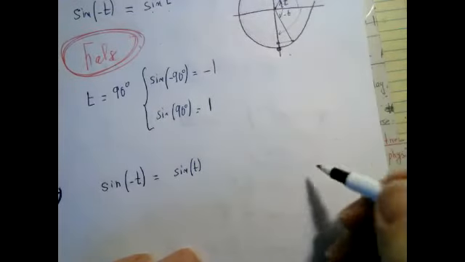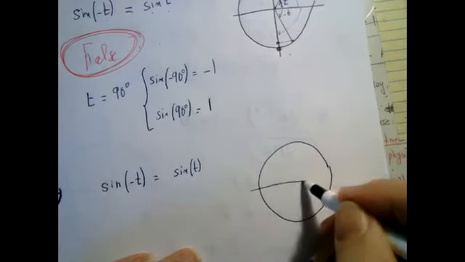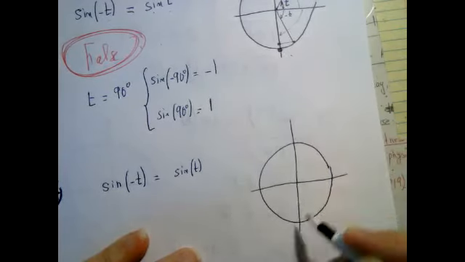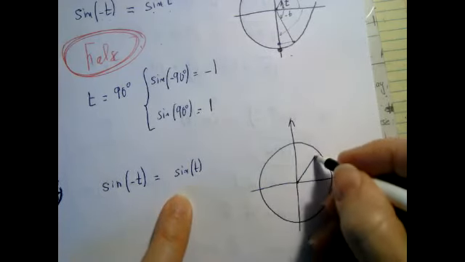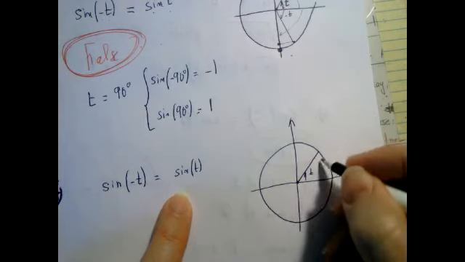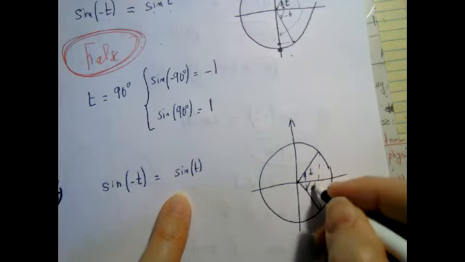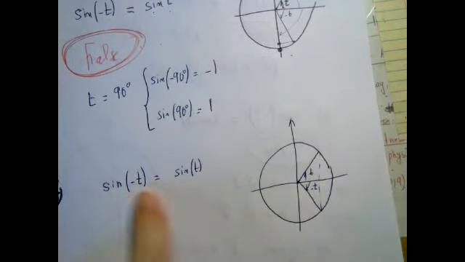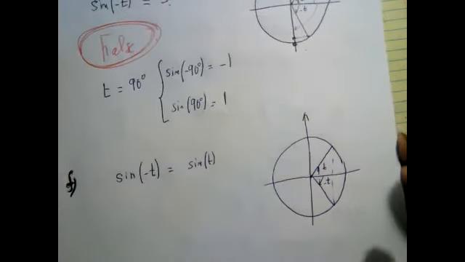Again, using the unit circle as a guideline. You can give me the correct relationship between the sine of t and the sine of minus t. You can give me an identity that relates both of them. So if you compute sine of minus pi over 3, sine pi over 3, what do you think is the relationship between them? Sine minus pi over 4, sine pi over 4. What do you think is happening?